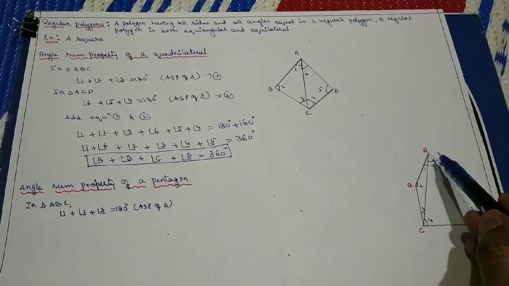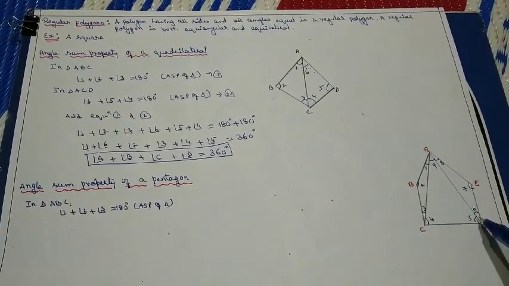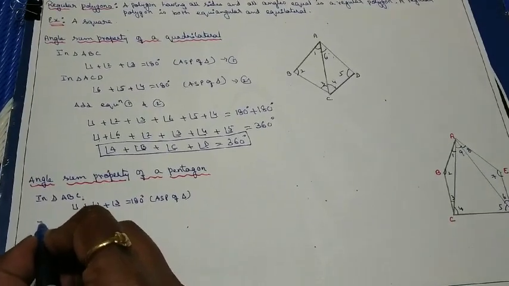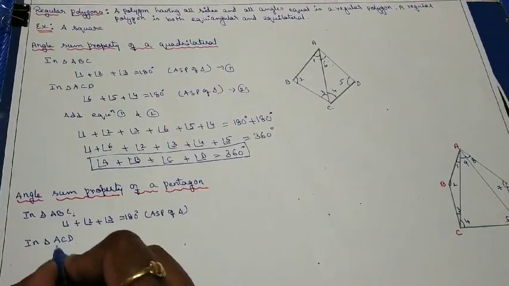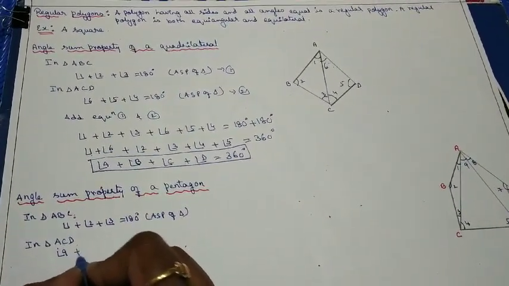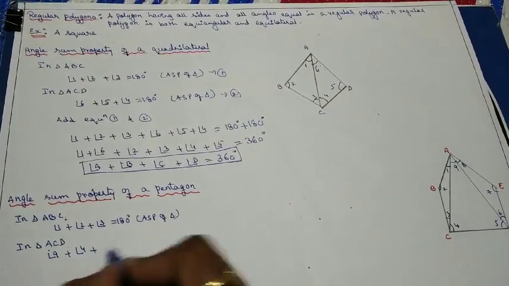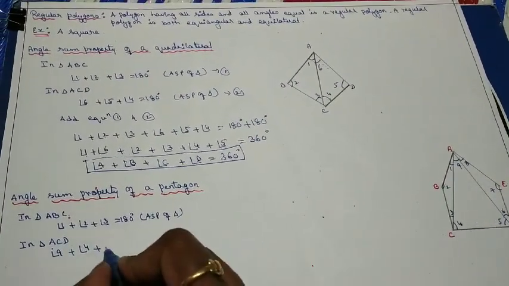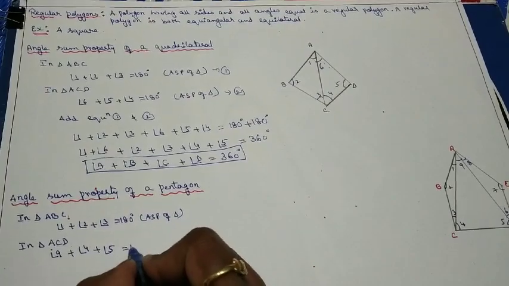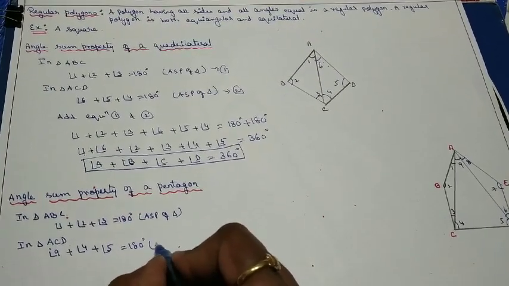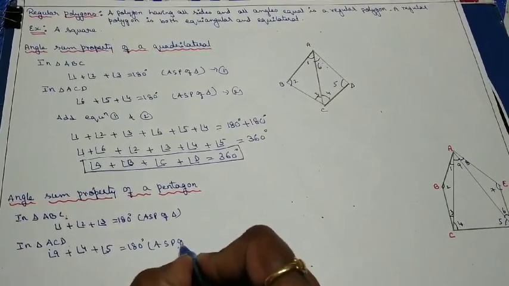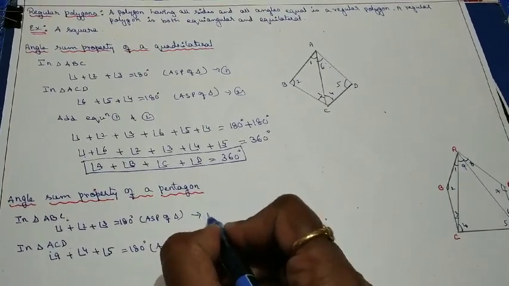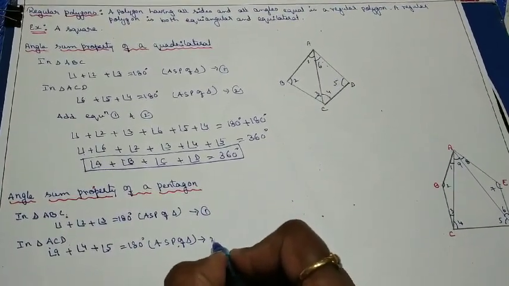Now let me go with another triangle, ACD. In triangle ACD, angle 9 plus angle 4 plus angle 5 equal to 180 degree. Reason, ASP of triangle. This you call equation 1 and this you call equation 2.